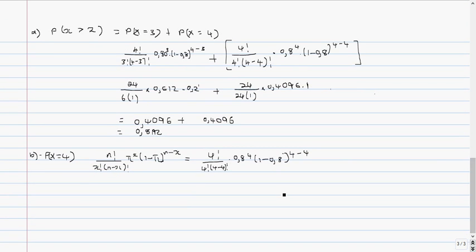So what we're going to have from there is basically this again, because 4 factorial is just going to give us 24 over 24, 4 minus 4, that's 0 factorial, which is 1, so that's 24 times 1, and then 0.8 to the power 4 is going to give us 0.4096, so this times 0.4096, and then this one 0.2 to the power 0, that's 1.